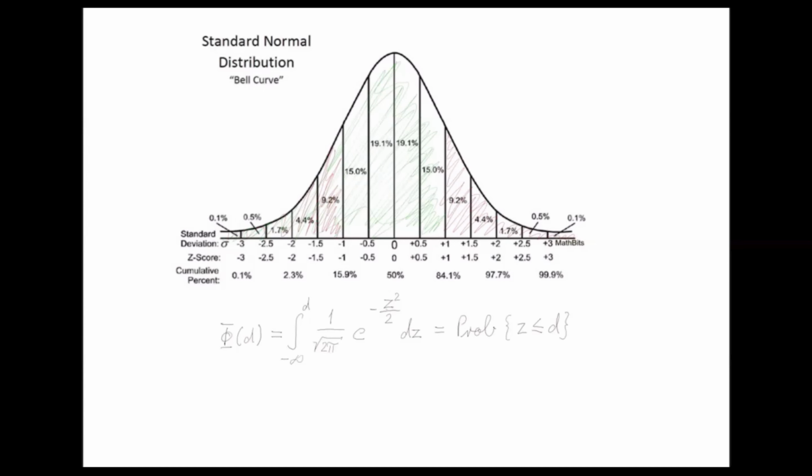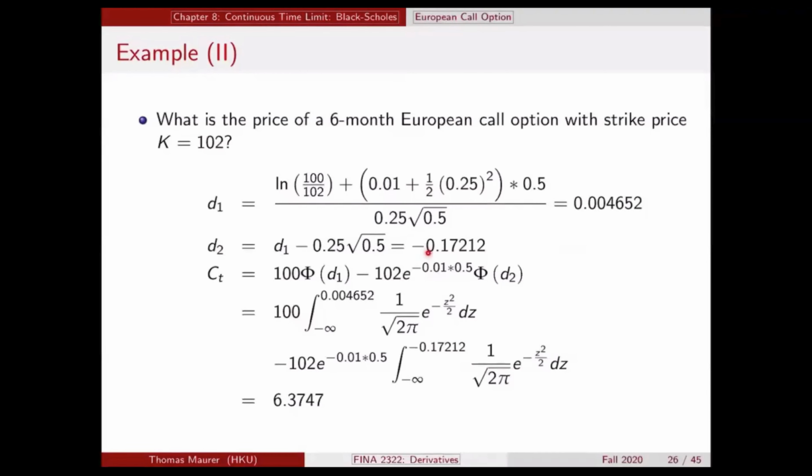So instead of looking at anything down here, we say, what if z is larger than or equal to plus 0.17? The table doesn't tell us the probability of a standard normally distributed variable being larger than something. If you want to look at something larger, that's the same as 1 minus this area over here, and that's 1 minus the probability of the standard normally distributed variable being smaller than 0.17.